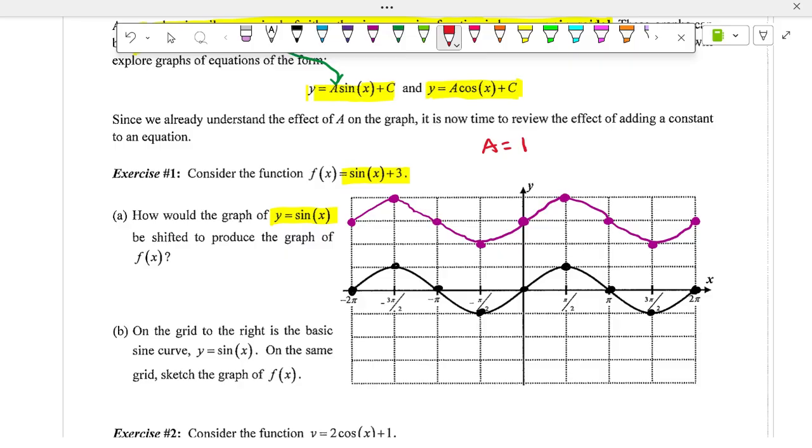Okay? Now, what actually happened to this purple graph? What did it do transformation-wise? So how did I get from the black graph to the purple graph? You went up 3. So that's how we got to the purple graph. We went up 3.